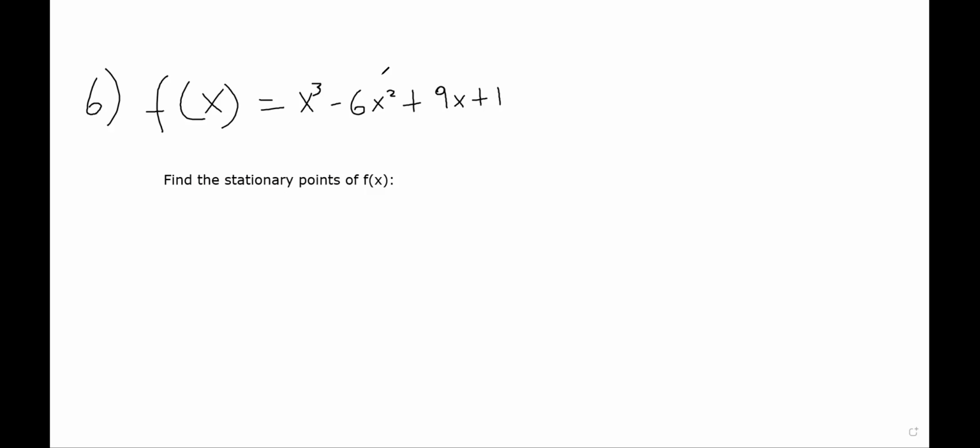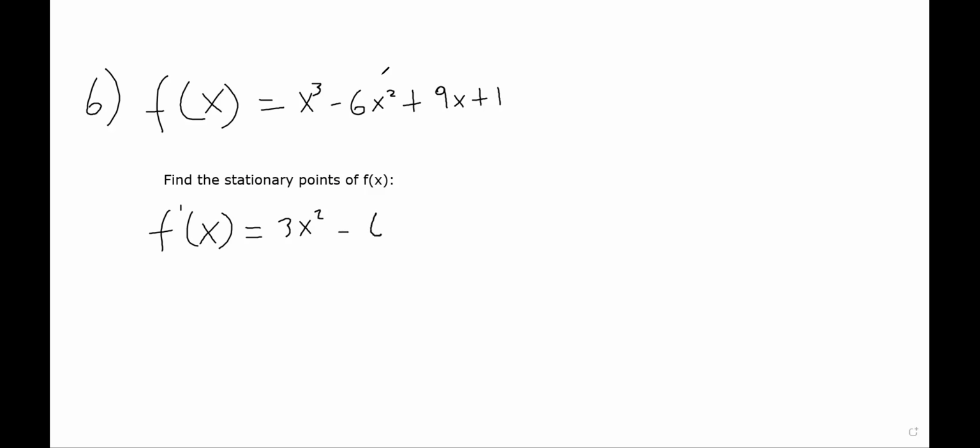So the differential, f prime x, is equal to, same thing we've been doing this entire time, carry down the power and minus 1 from the power. So carry down the 3 multiplied by x raised to the power 3 minus 1, which gives us 2.